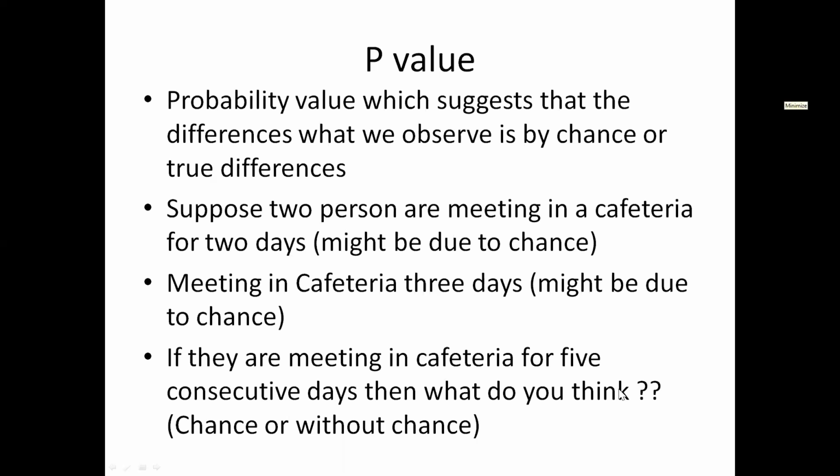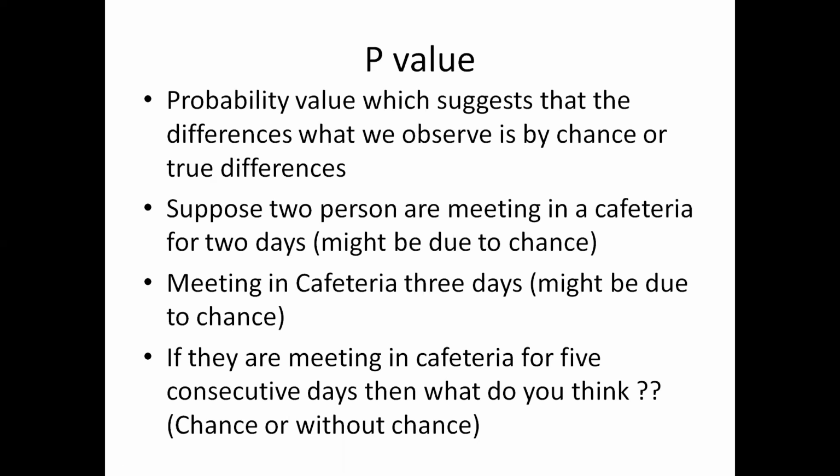Most of the people are writing that it can be due to chance. Yes, we often see in daily practice that two persons can meet in a cafeteria by chance. Meeting in a cafeteria for 3 days, maybe you will say that could also be due to chance.